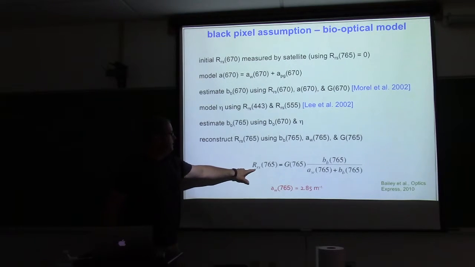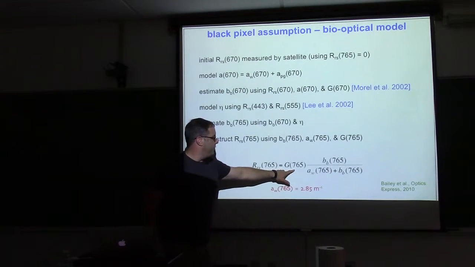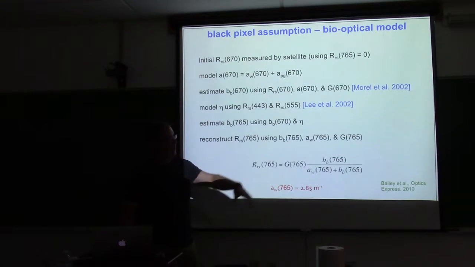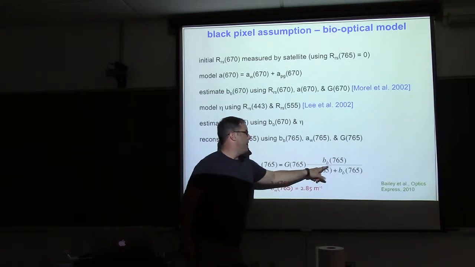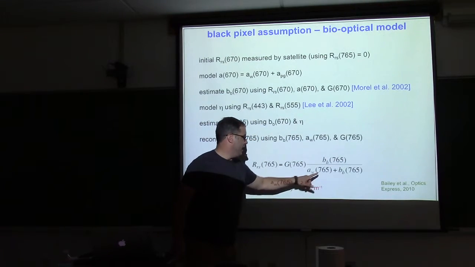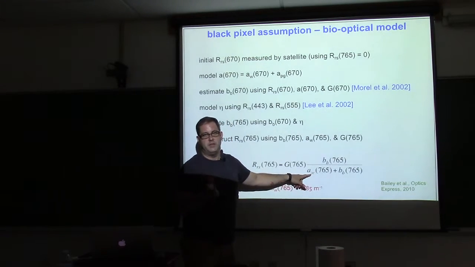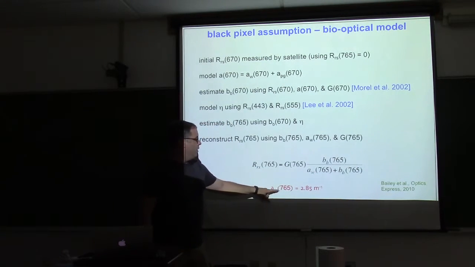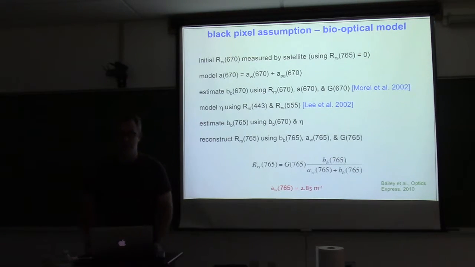Then we can reconstruct remote sensing reflectance at 765 using F over Q at that band, extrapolating Morel, our modeled backscattering at 765 and water absorption at 765. The reason we don't nudge this like we did for 670 is water absorption at 765 is 2.9 inverse meters. It's a huge, strong signal.